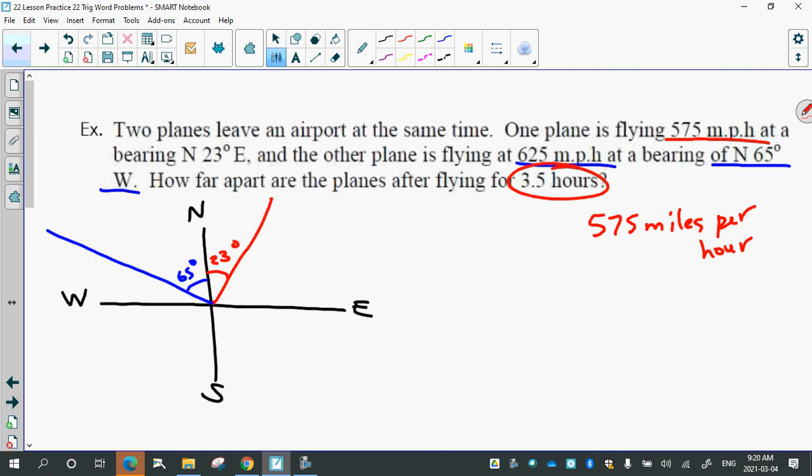Multiply by 3.5. Good. So 575 times 3.5 is going to give me how far I've gone in 3.5 hours. So I went 2,012.5 miles. Okay.